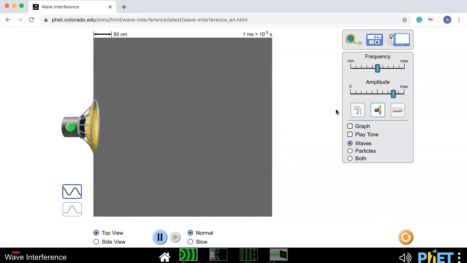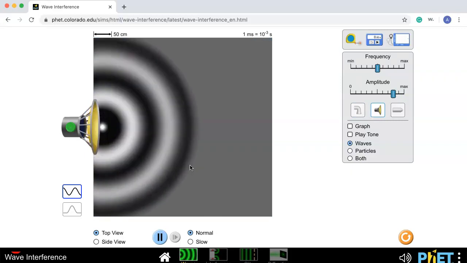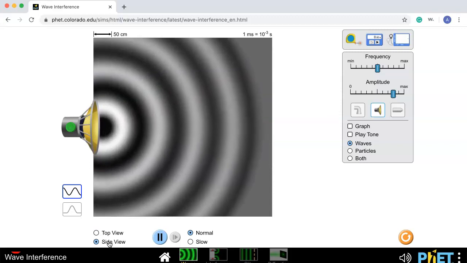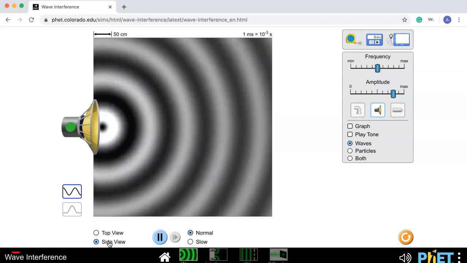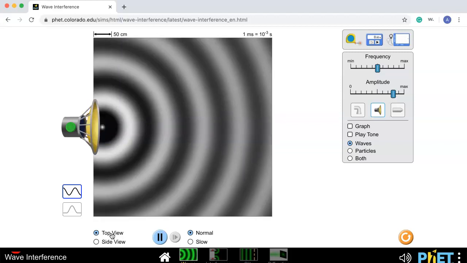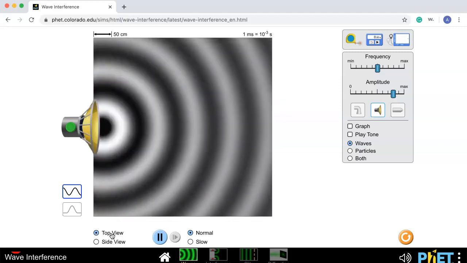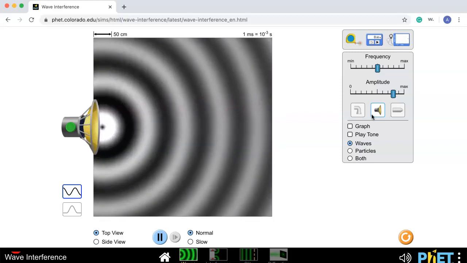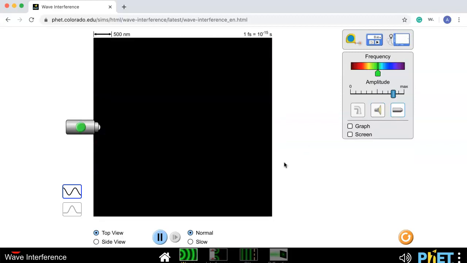Can also do it with sound. Again, it's a very similar thing. It's just the color changes. Thinking about side view for sound, that's a three-dimensional thing, right? It propagates in three-dimensional space. And let's do these electric type signals.